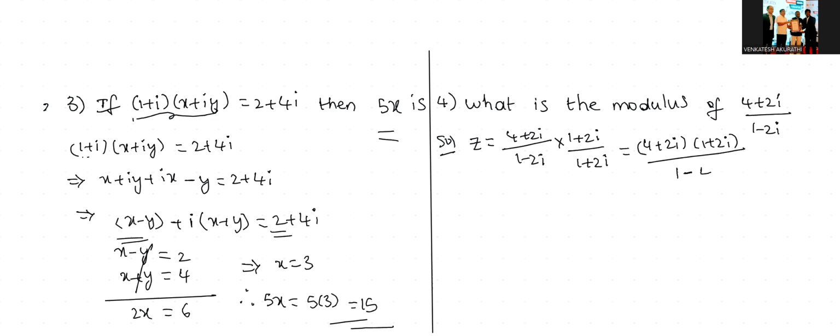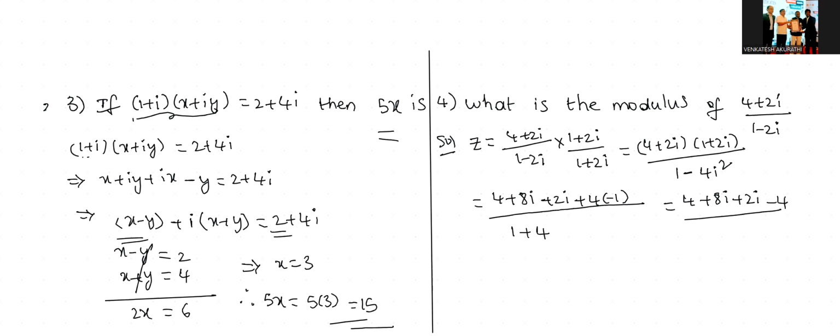We can multiply 4 into 1, 4 plus 8i plus 2i plus 4i square, i square value minus 1, divided by 1 plus 4, i square value minus 1. 4 plus 8i plus 2i minus 4 by 5.